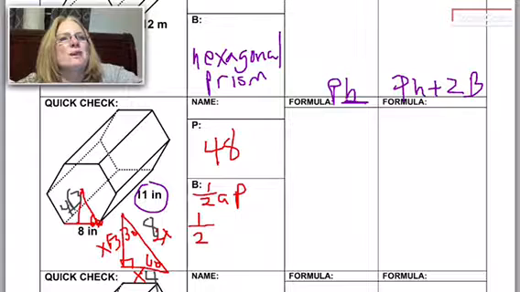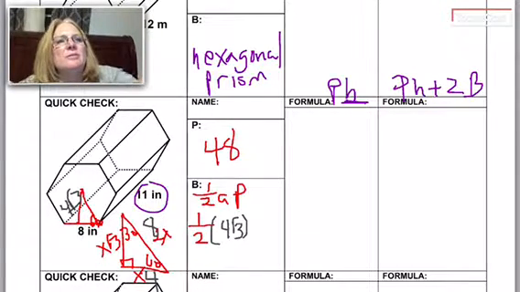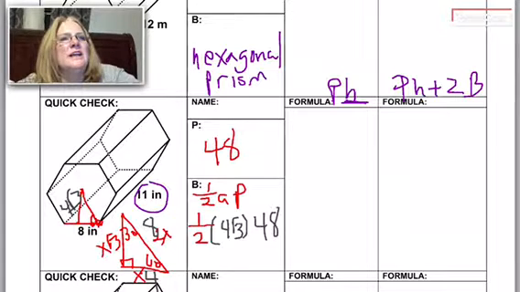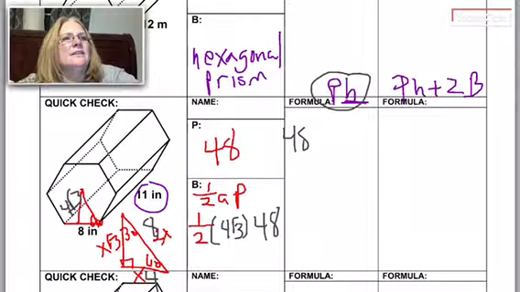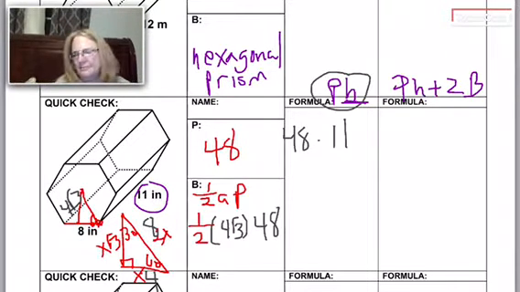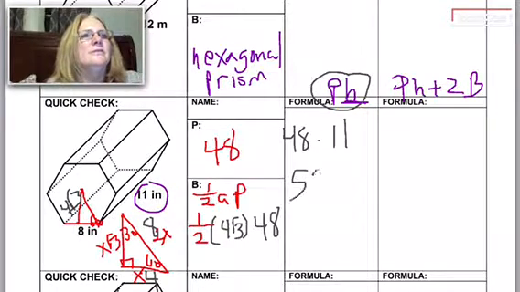So we have 1/2 times 4 square root of 3 times the perimeter of the base, which is 48. So now pH is 48 times 11. That's 528.